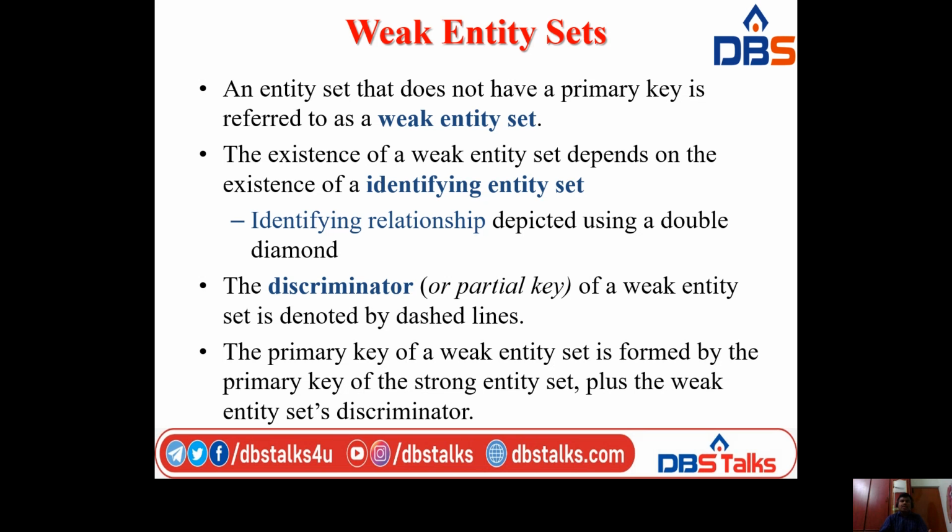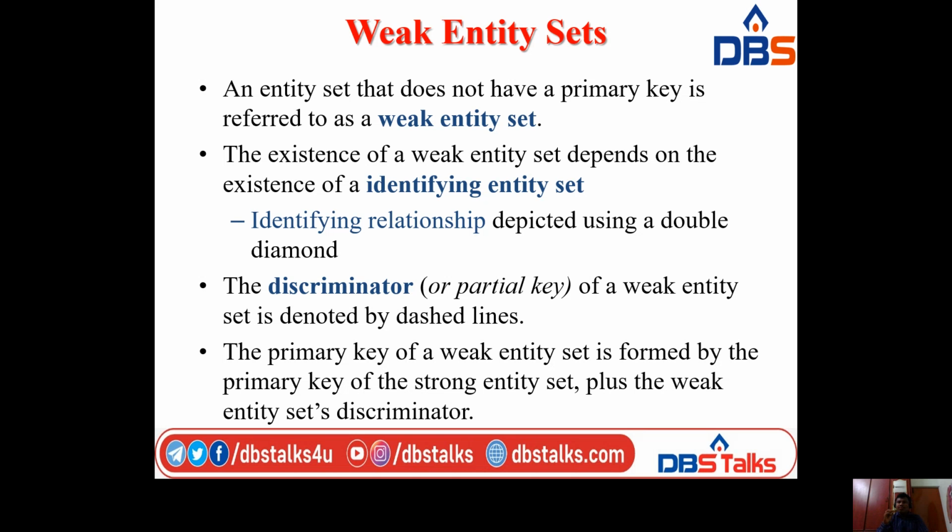Sometimes an entity set contains a set of attributes from which we are unable to create the primary key. That is called a weak entity set. This entity set must depend on another strong entity set.